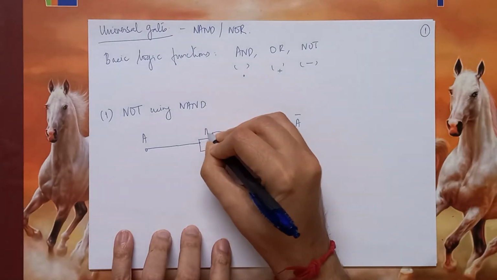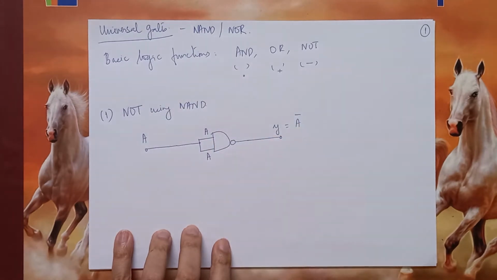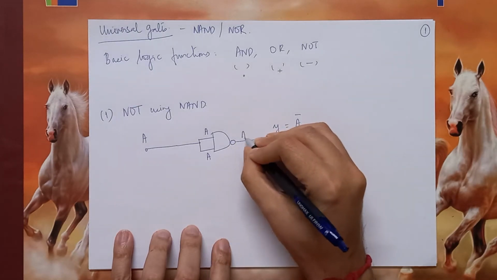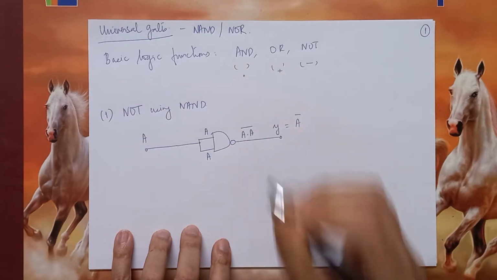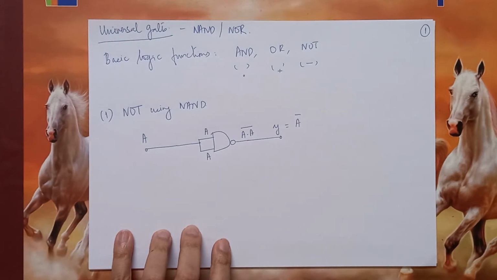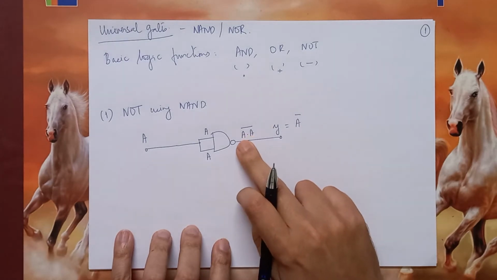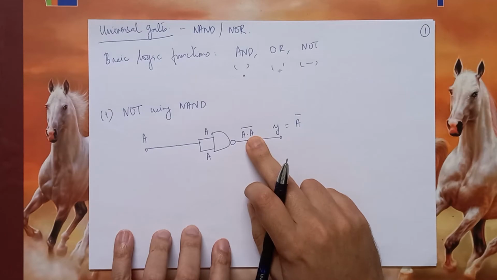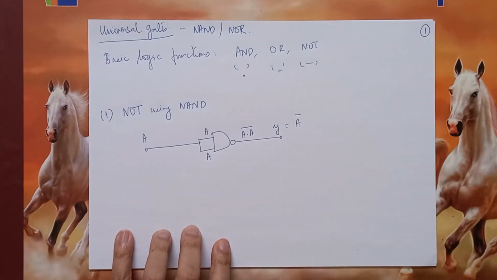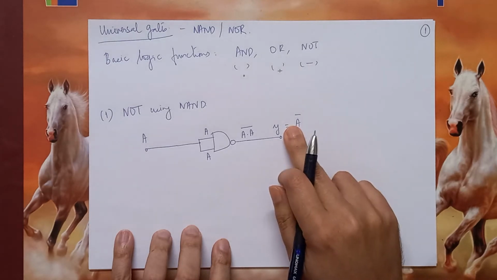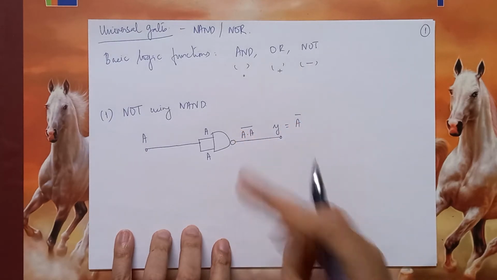So this is A, this is also A. Therefore, the output will be A dot A the whole bar. If you are ANDing a quantity with itself, you get that quantity. So Y is nothing but A bar because A dot A is A.